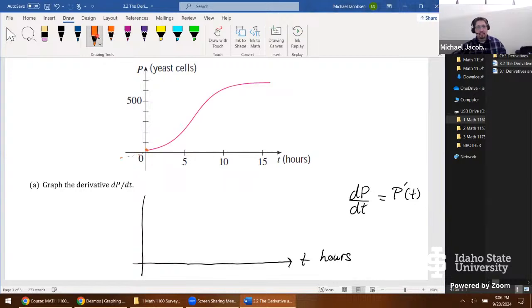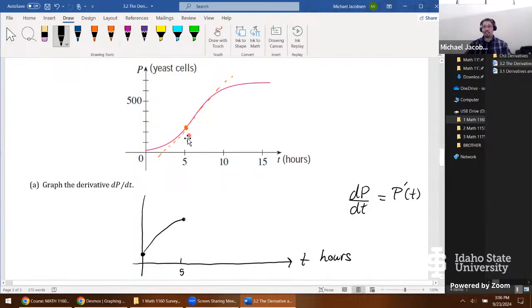If I put a tangent line there, it would look about like that. So it's positive, but not by much. That means the derivative is going to start off right around here, above the x-axis. As we move further out, right around this location, our tangent line is going to be the most positive it could ever be. So let's put down the 5-hour mark. Our curve is increasing till right about some level right around here. That's where it's increasing the fastest.